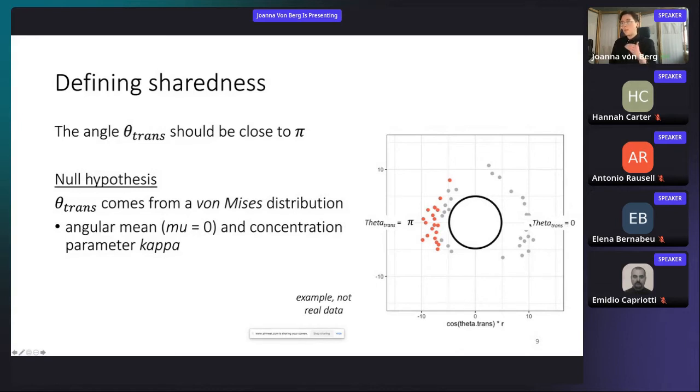To test this, we use the von Mises distribution, which is equivalent to a normal distribution for circular data, that takes into account that a circle doesn't really have a beginning or an end, and 0 and 2 pi are equal to each other. This distribution has an angular mean, which we've already said should be equal to 0 under the null hypothesis, and a concentration parameter kappa. This was a bit more difficult to estimate. It is similar to the inverse of the variance in a normal distribution.